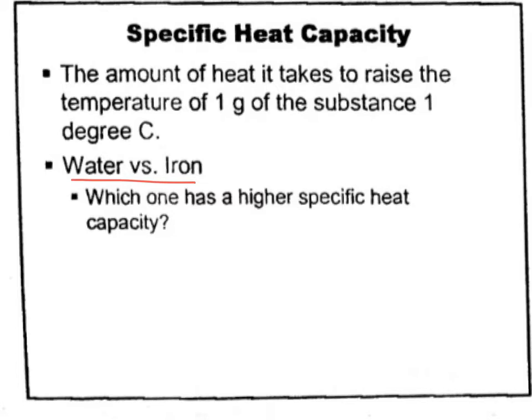Whereas a puddle of water on a hot summer day will be warm, but it's most likely not going to burn you, right? So that means it's taking more energy for it to heat up, more energy to raise the temperature 1 degree Celsius. Therefore, water has a higher heat capacity than iron.